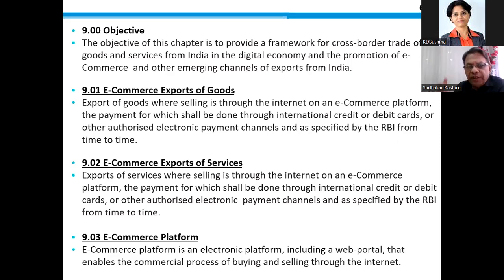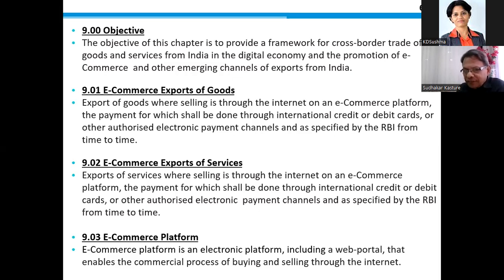This is a new chapter. The objective of the chapter is to provide a framework for cross-border trade of goods and services from India in the digital economy and the promotion of e-commerce and other emerging channels of exports from India. So not only e-commerce, mobile commerce, anything else that is coming up will also be looked into.